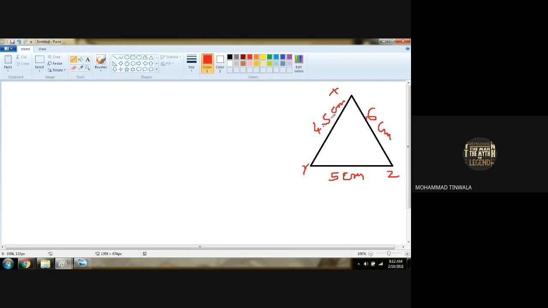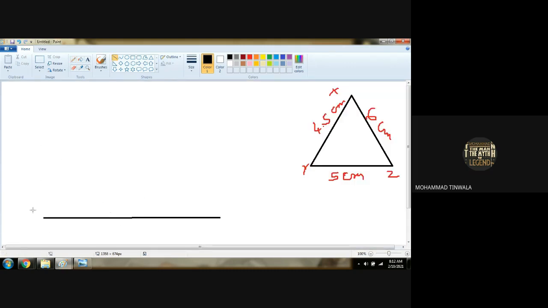As I told you, it is not compulsory that the base should be YZ only. It can be XZ also. It can be XY also. It is up to you what base you take. Understood, girls? So let us construct this triangle with the help of compass. We will take a baseline of 5 centimeter with ruler and compass.